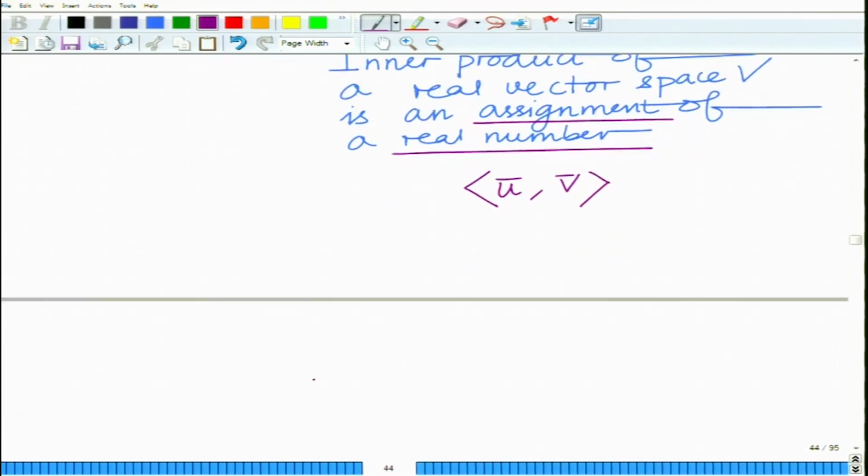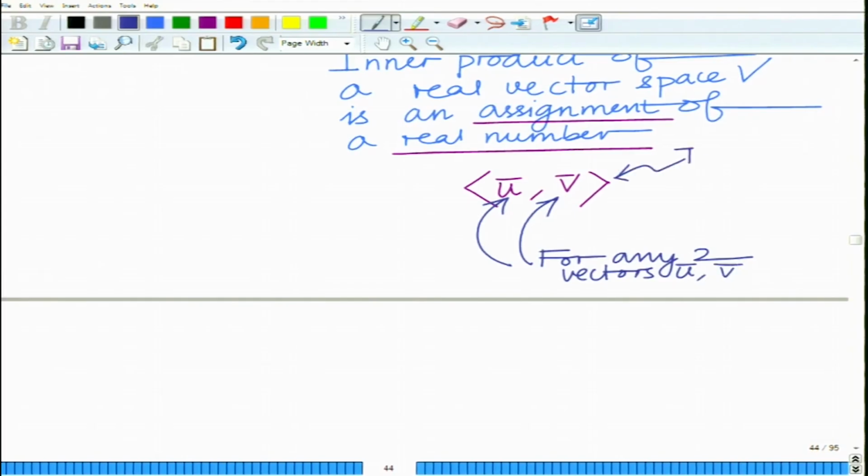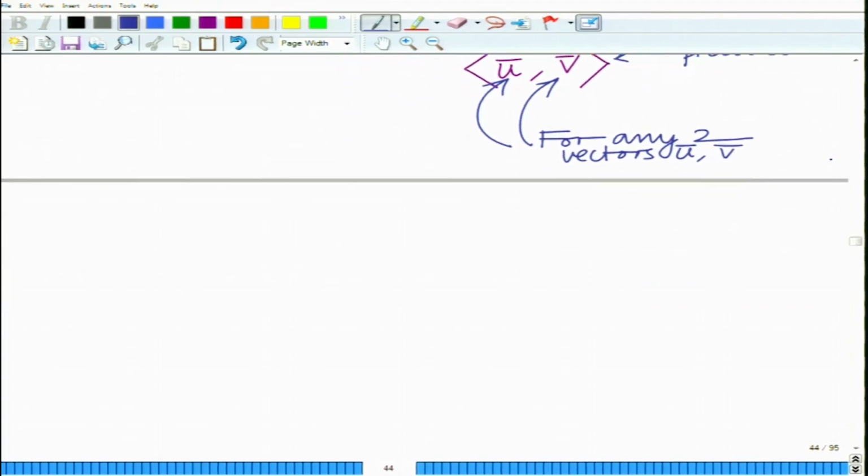This is defined for any two vectors u bar, v bar, in this case real vectors, and this is the inner product, which is a real number in the case of a real vector space, and which satisfies the following properties.